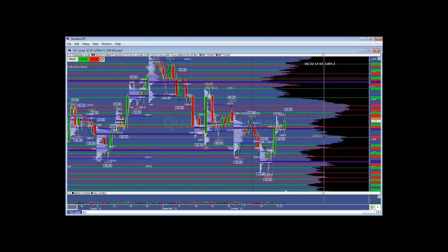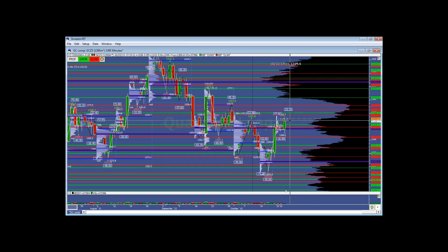And then if we get below that, a test of the centennial number 1300 with the value area low at that 95.80, and then again that bigger number back down there at 1284.80. And then below that, the bigger target below is the naked microcomposite at 1268 area.